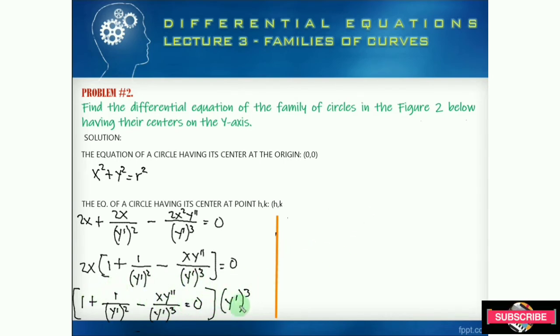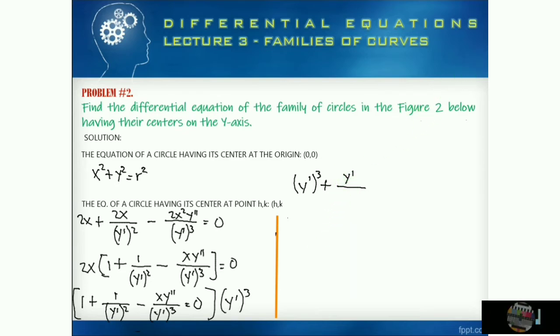Okay, so y prime to the cube times 1, so probably this is equal now to y prime raised now to the cube, okay, times this one, so y prime to the squared and y prime to the cube, so probably this would be plus, only remain is y prime, the y prime.